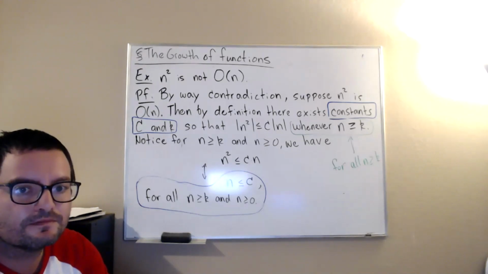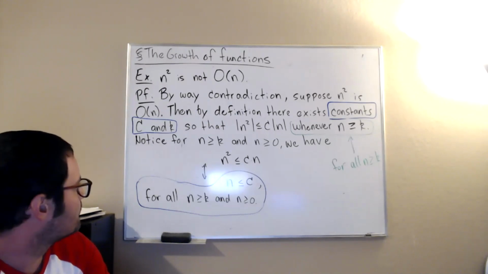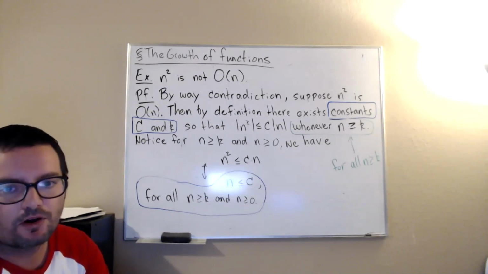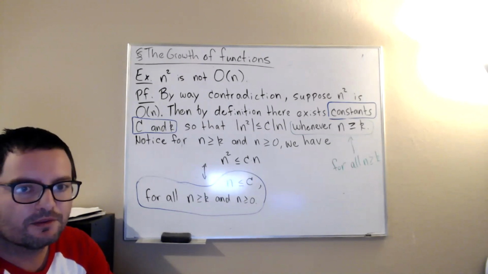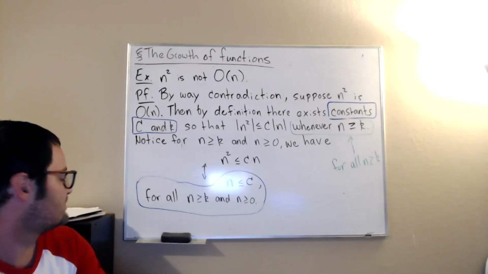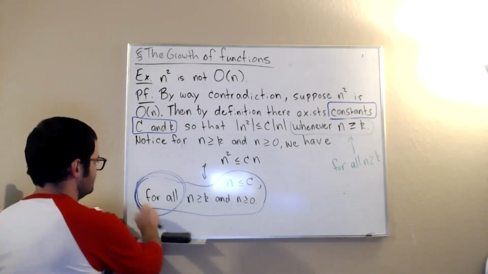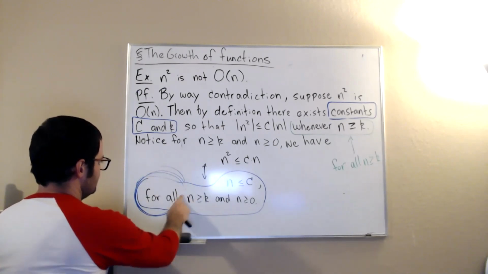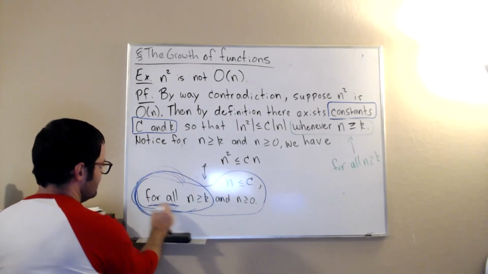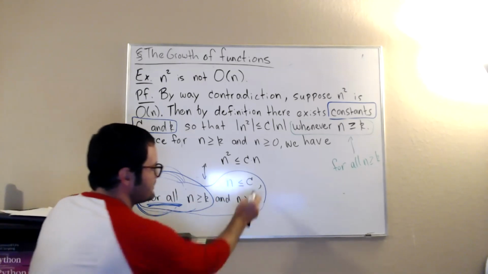Would that mean that k can also be equal to c? Sometimes they can be equal, but not always, right? The problem occurs here. What is c?